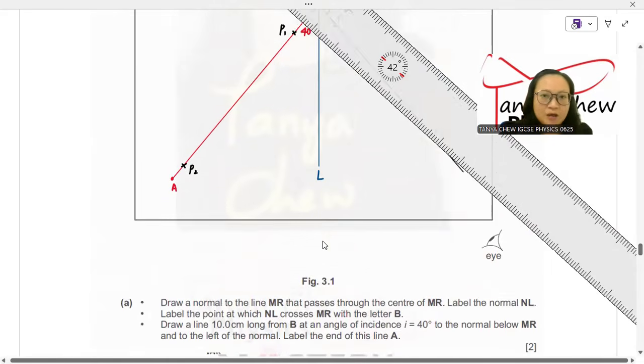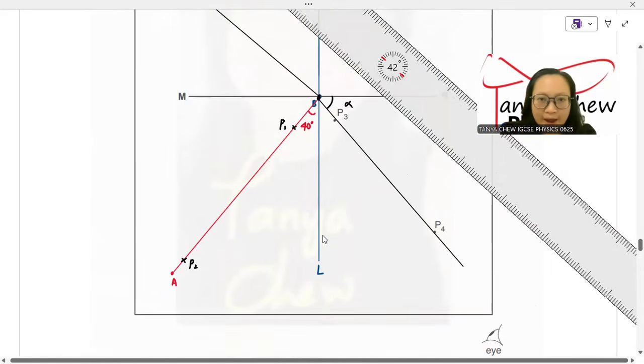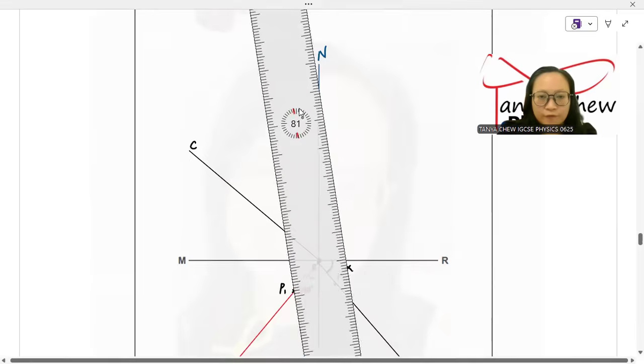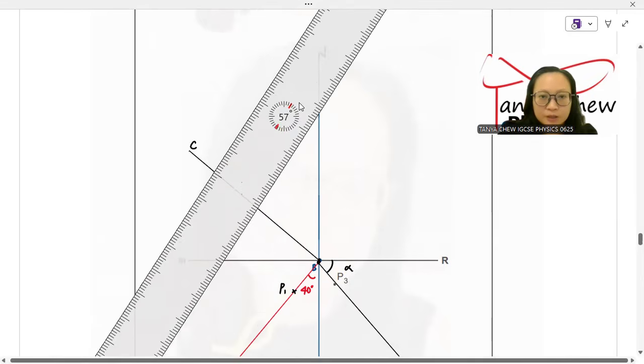Label this line D. So you have to draw, this is the angle of incidence right here, and then the angle of reflection must be the same.